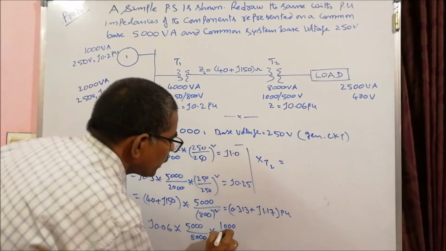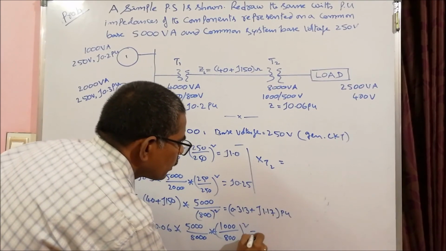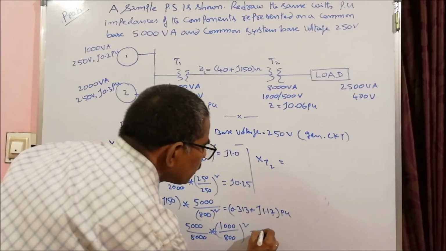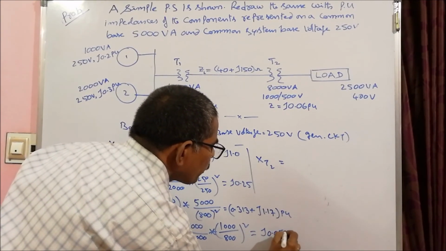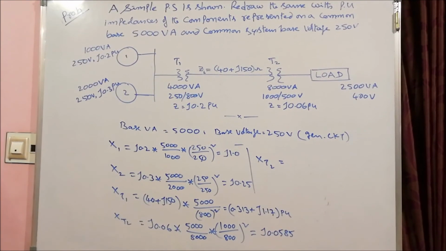I am writing this side 1000 by 800 squared. This is 0.0585.